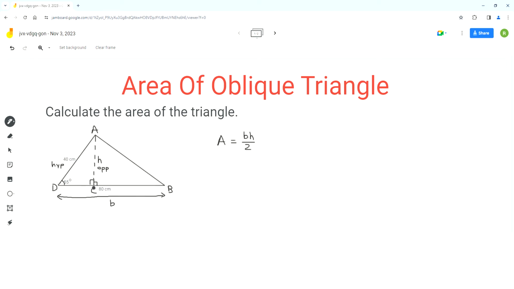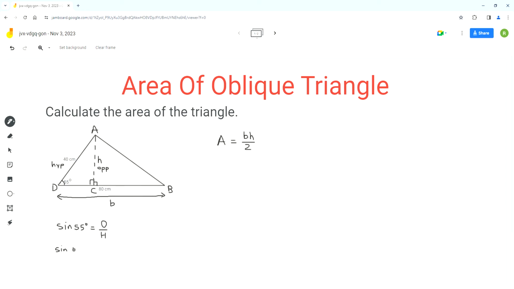So as per SOHCAHTOA, we can use the sine ratio to calculate the height of the triangle. So we have to use the sine ratio, because for sine ratio the formula is opposite over hypotenuse. And in this case, we have to find the length of the opposite side.